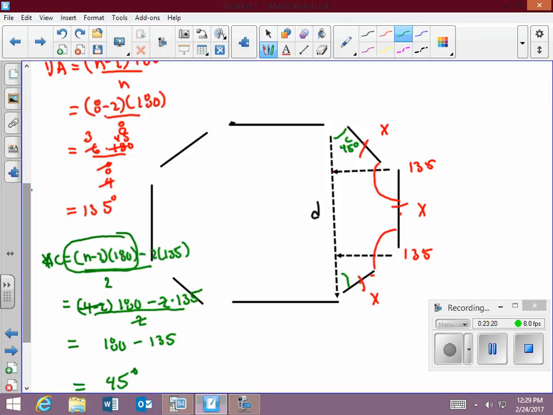So that means this is the hypotenuse. So this side right here is x over the square root of 2, because on a triangle that has 90 and 45, each leg is 1 over the square root of 2.